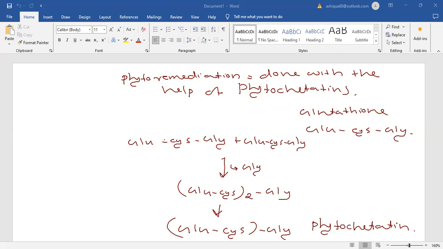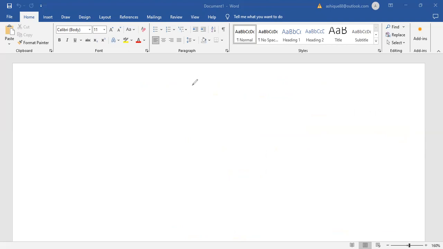If you look into cysteine, we have discussed in amino acids that cysteine and methionine are sulfur containing amino acids.